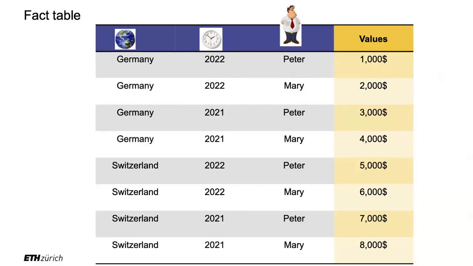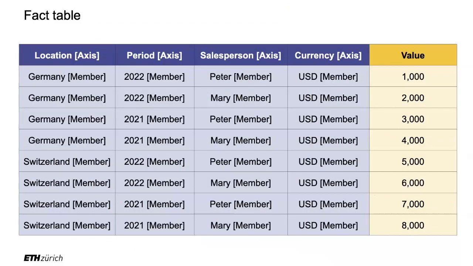So this is called a fact table. It's a view in the form of a relational table of a cube. And now you see we can have as many dimensions as we want, right? We just get more columns, more attributes. Now, you might also see this, especially if you work in business reporting. This is just to help people understand what's going on.